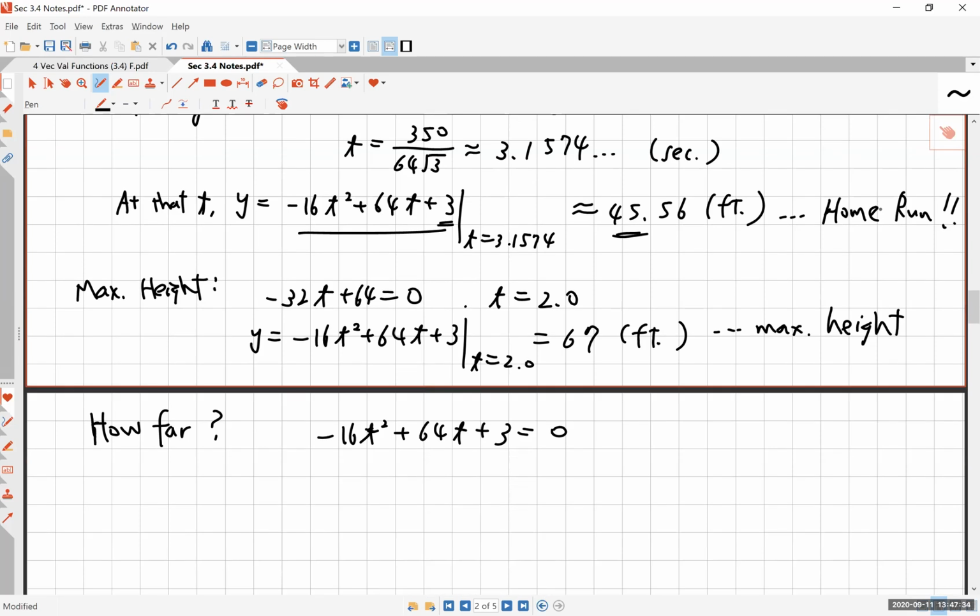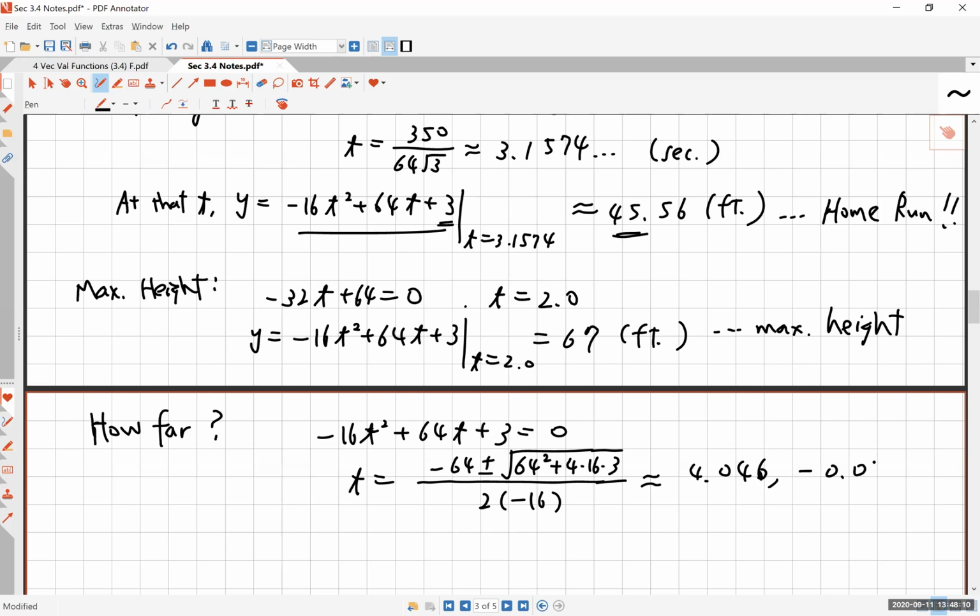But anyway, if you want to set this equal to 0, you can solve this with a graphing calculator, or you can use your favorite formula from your pre-calculus class or college algebra class: negative b plus or minus the square root of b squared minus 4ac, all over 2a, right? So it's 2 times negative 16. And so that's going to be about 4.046. And then there's another one, negative 0.0463. Now, what is that one?